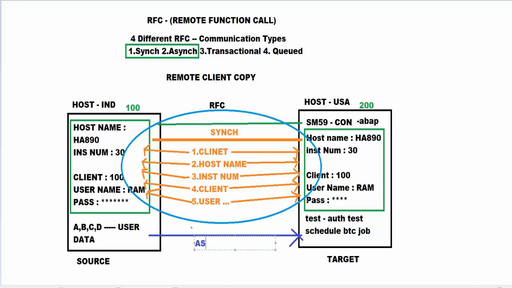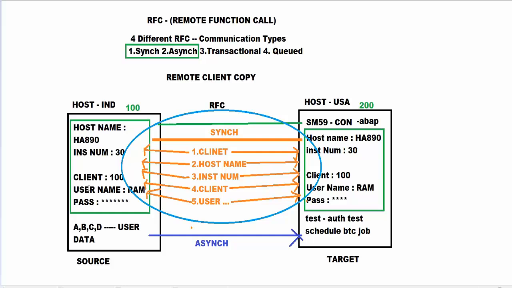Asynchronous communication type is involved here. So if you maintained anything wrong, the client information, host name, instance number, the client number or username, if you maintain anything wrong about the source system, it will definitely throw an error. The client copy is not going to be done.